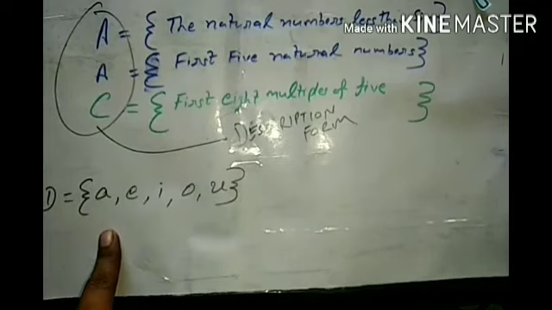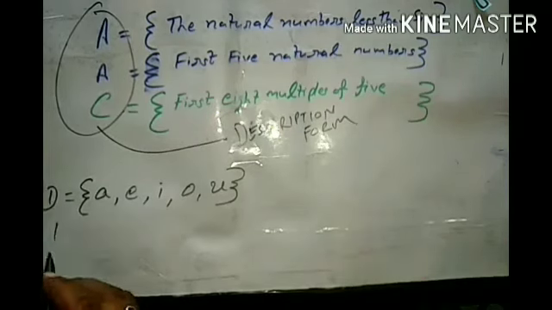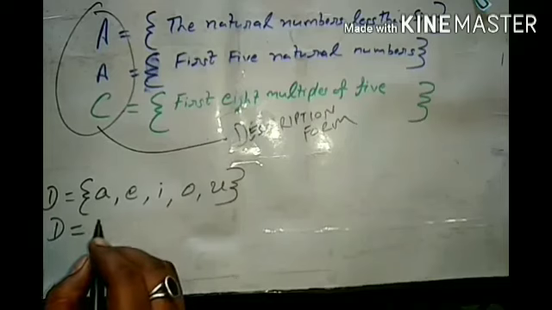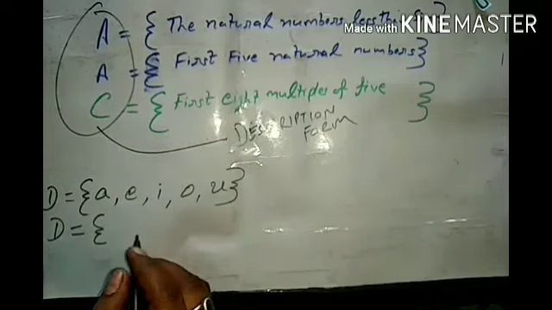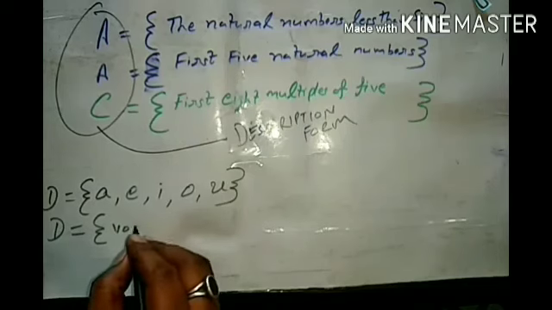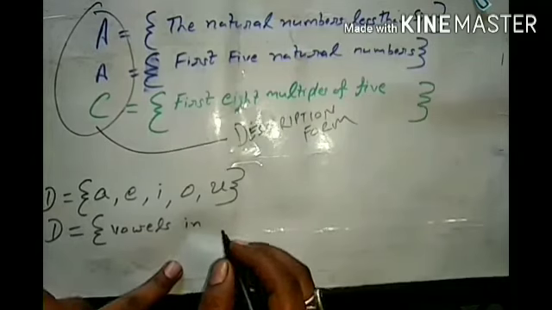This is the roster form. Now how will I write this in description form? Vowels in the English alphabet.